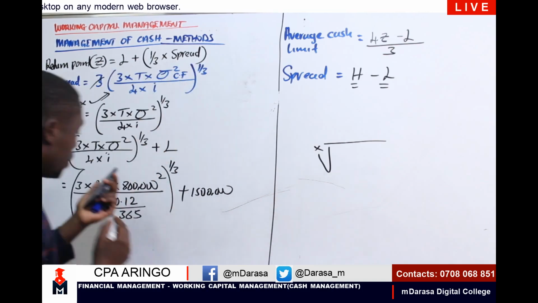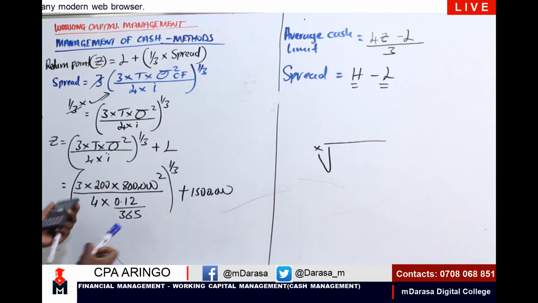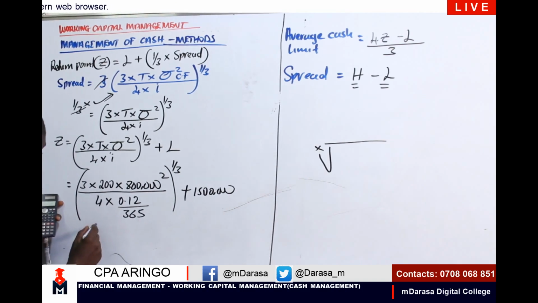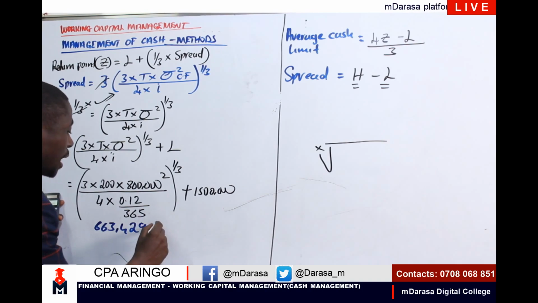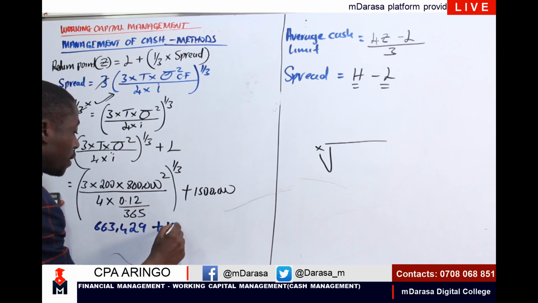In that case, Mwalimu is getting this figure, 663,429. I need to add this to 1.5.